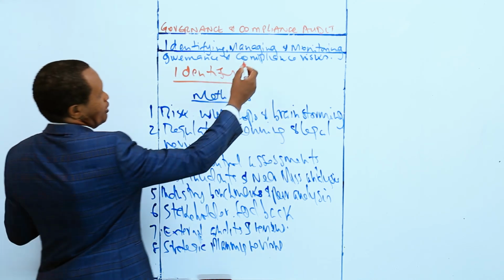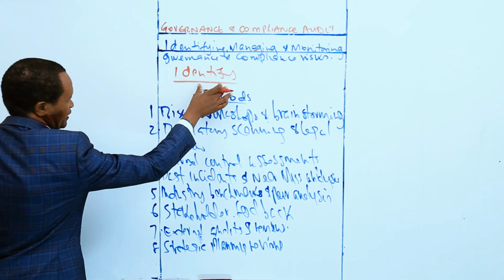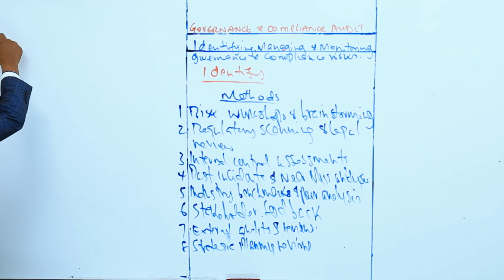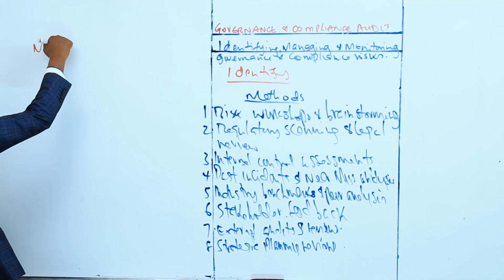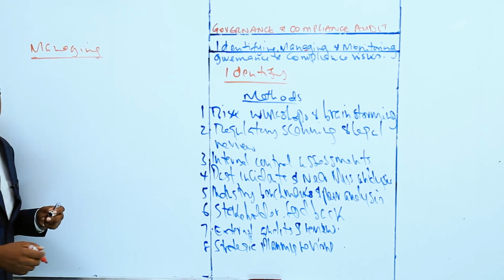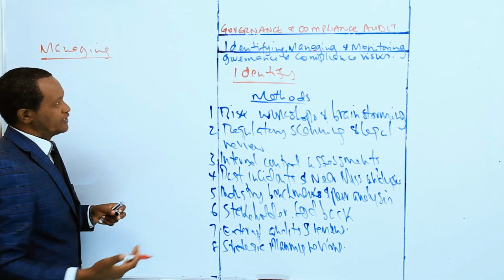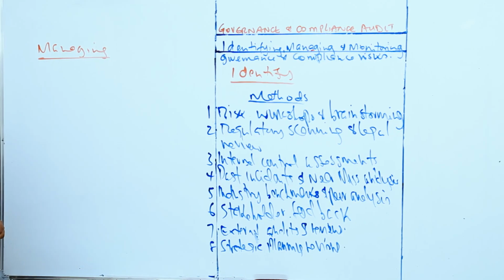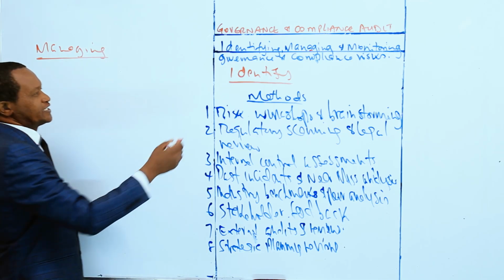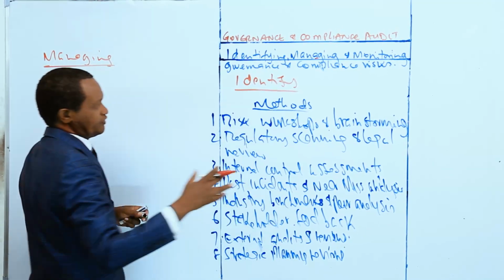Let's move to managing. This is identifying. How about managing? We are discussing managing of governance and compliance risks. The first step is to first identify the risks, and these methods can be used to identify the risks.